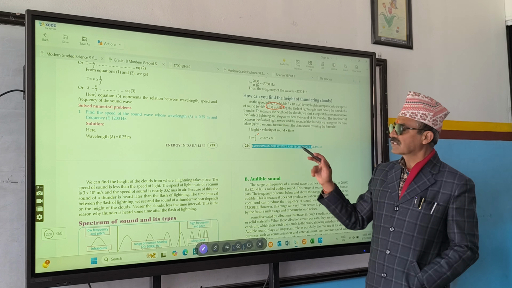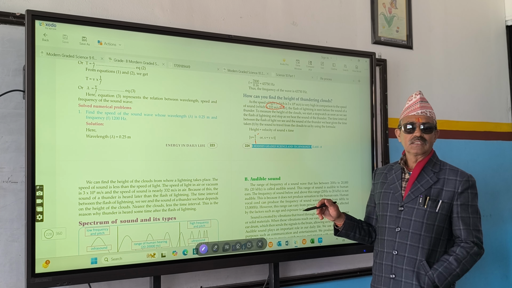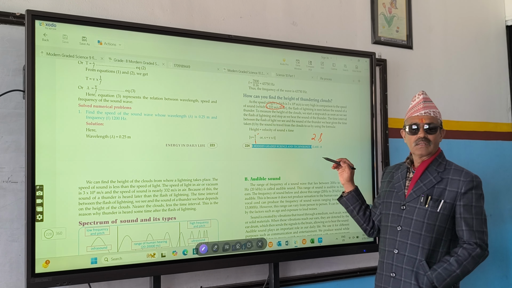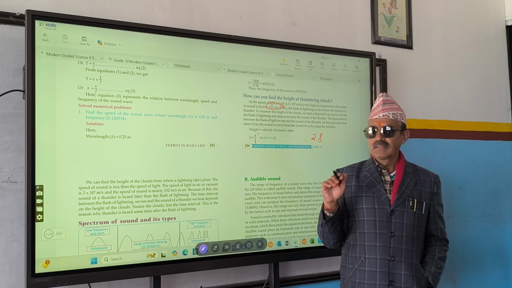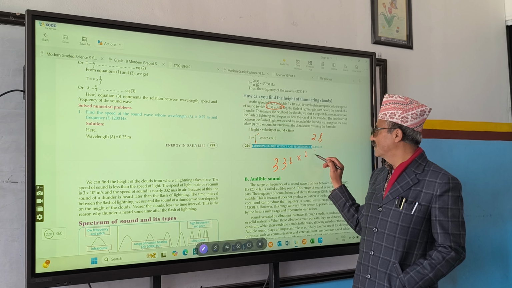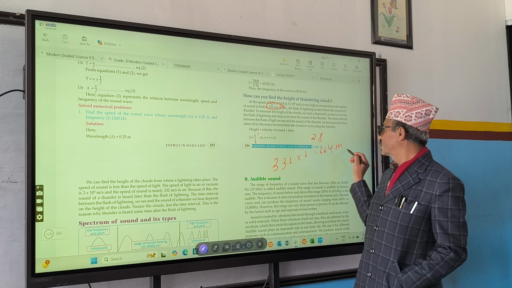And what is S? Height. What is T? Time. So, if you hear the sound after 2 seconds, then the height is 332 multiplied by 2 meter, means 2 fours are 8, 2 threes are 6, 664 meter.